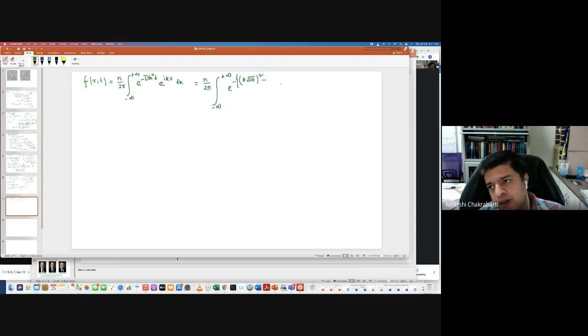So basically, a minus b whole square means a square minus 2ab plus b square. So minus 2ab equal to minus ikx, isn't it? So basically 2a is this, but you have to make b so that you get minus ikx. What should I do? I should divide by 2.